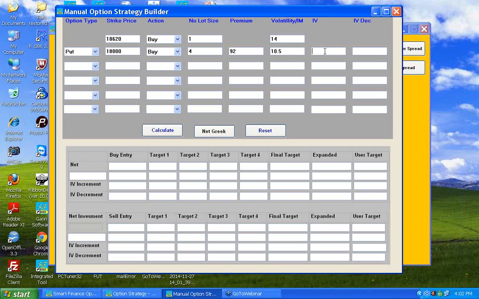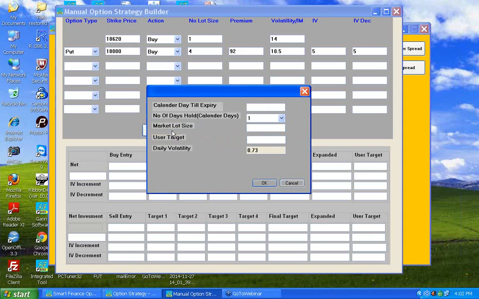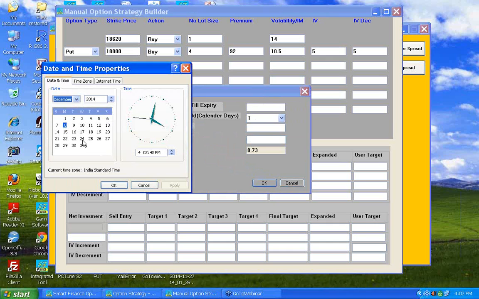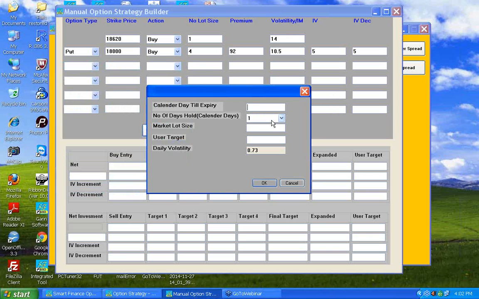I am expecting it can go up 5% or fall 5% in the coming few days. Then for the calculation, it asks how many calendar days are left till expiry. My expiry is December 24th, and today is the 8th, so 24 minus 8, I have 16 days till expiry.